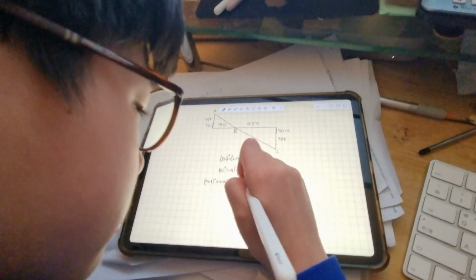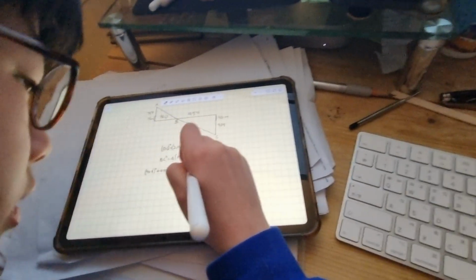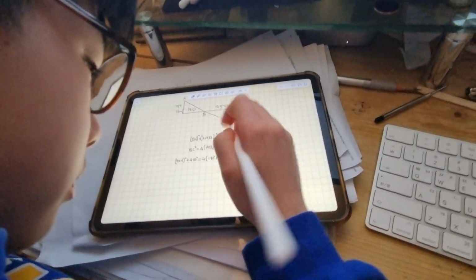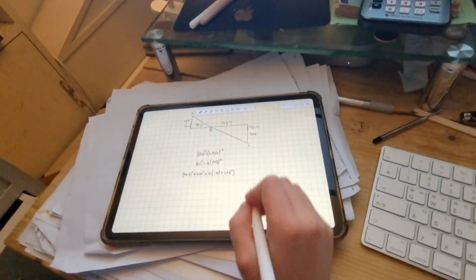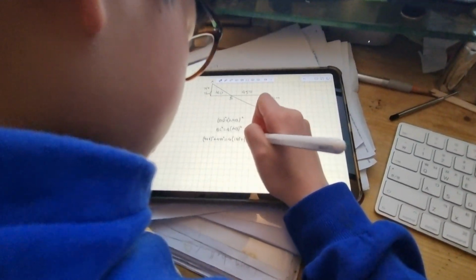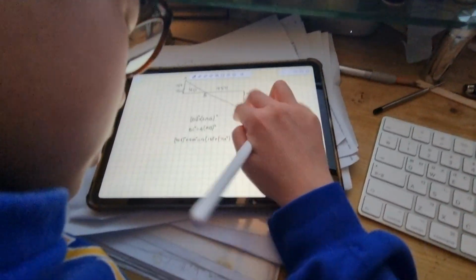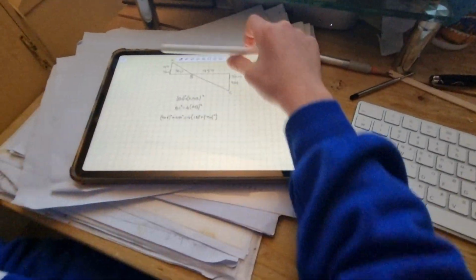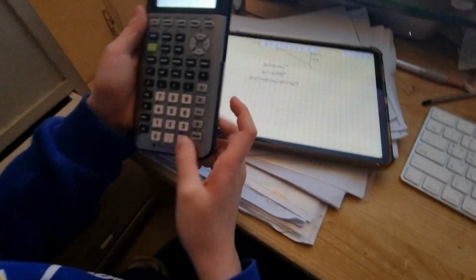Now you need to do a bit of calculation here. And of course, in Waterloo you can use calculators, so I'm going to be using a calculator here too.